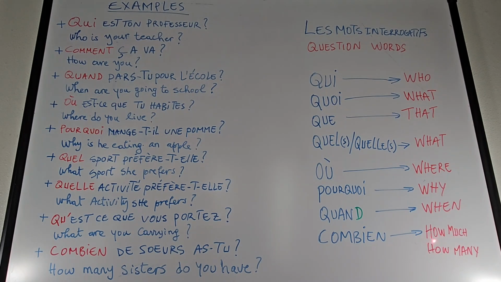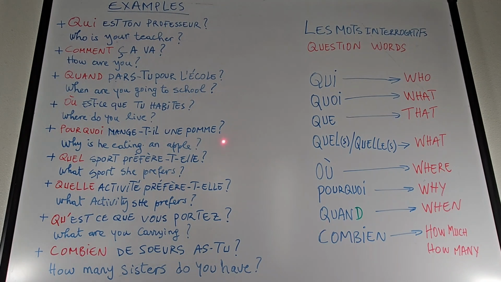In English there is a difference: when you're talking about numbers, you say how many, but when you're talking about quantity, you say how much. But in French, it's the same. Combien, whether numbers or quantity, you say combien.